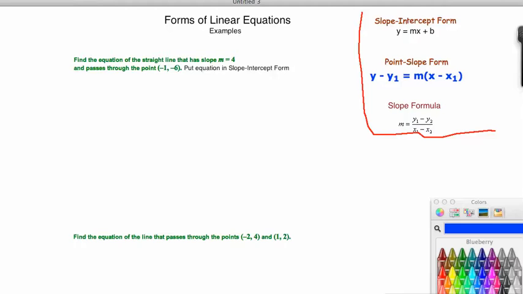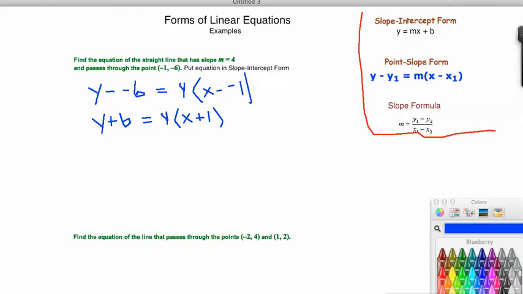You might notice that it's probably most convenient to do point slope form first. So y minus -6 equals m, which is 4, times x minus -1. Let's get rid of the double negatives. So we've got y plus 6 equals 4 times x plus 1.